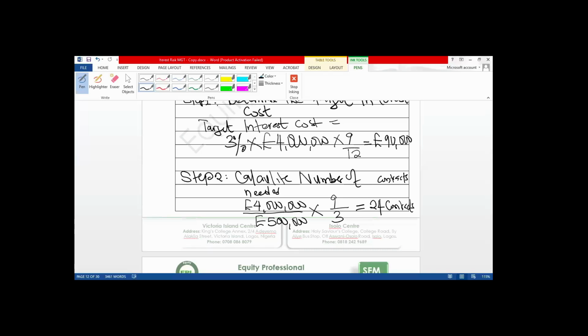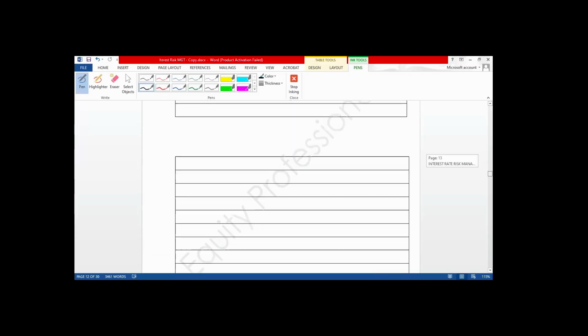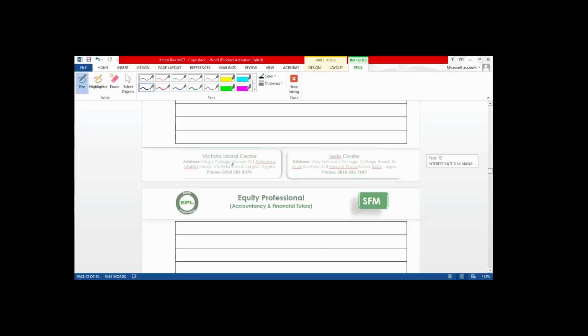To calculate number of contracts, the formula is, let me show it here: amount of loan over contract size, multiplied by the length of the loan, divided by 3.